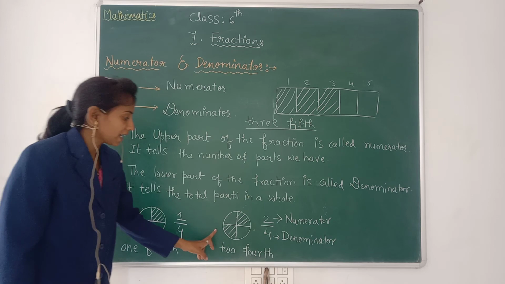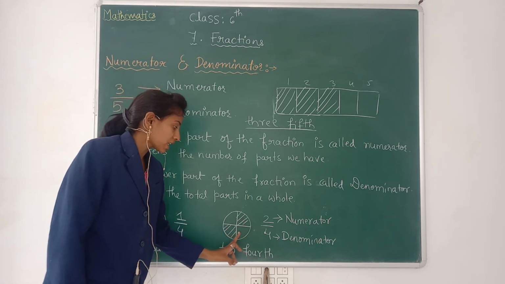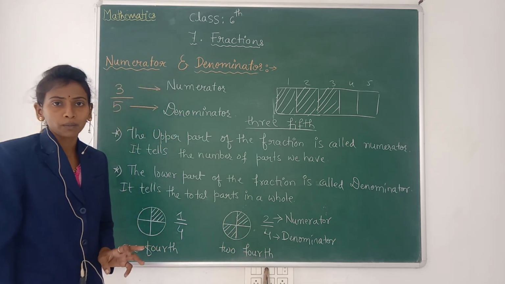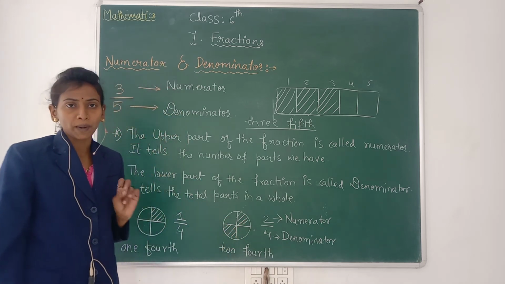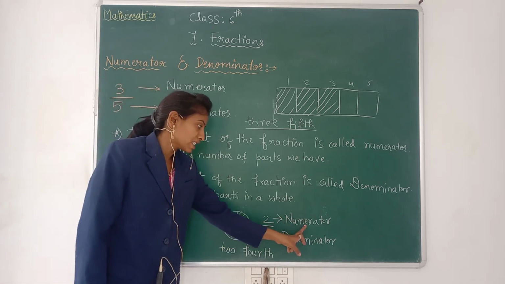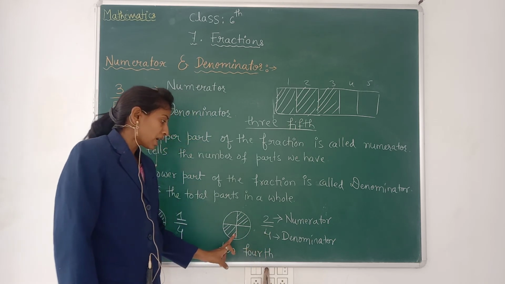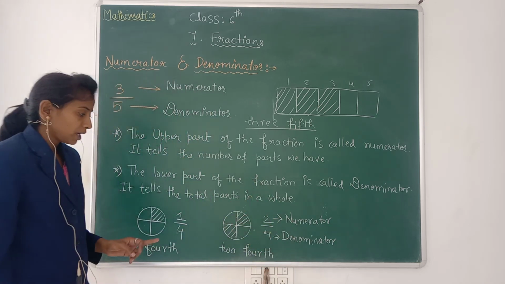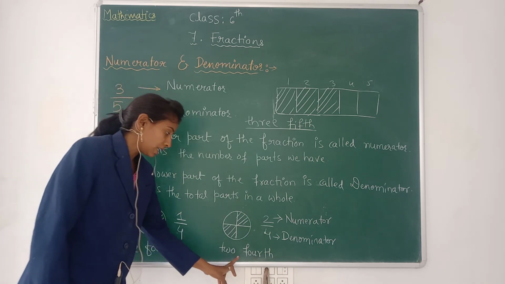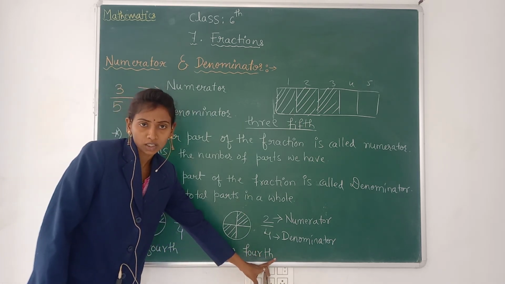In the second diagram, again one circle is divided into 4 equal parts. Of those 4 equal parts I have considered 2 parts. So 2 is the numerator, and the 4 parts we made is the denominator. We read this as 2/4.